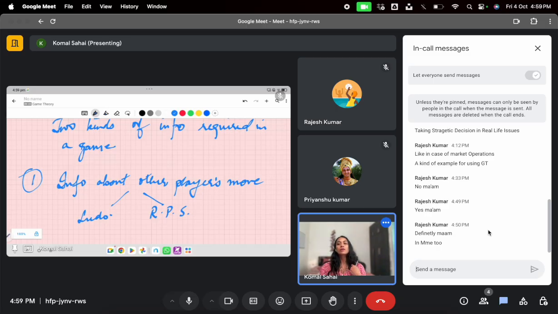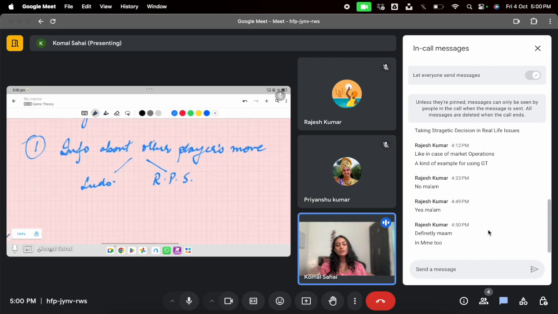You are putting your rock or paper or scissors simultaneously, and the very first rule of the game is that you have to do it at the same time. Okay, so this is an information. Ludo is the example of a game in which players are moving sequentially, right? And rock paper scissors is an example of game where players are moving simultaneously.